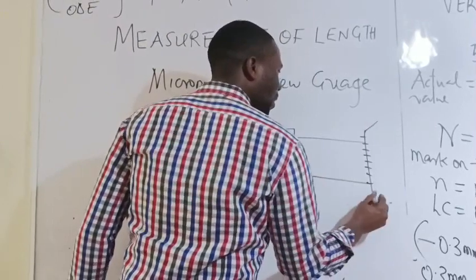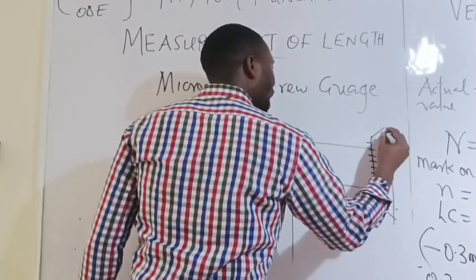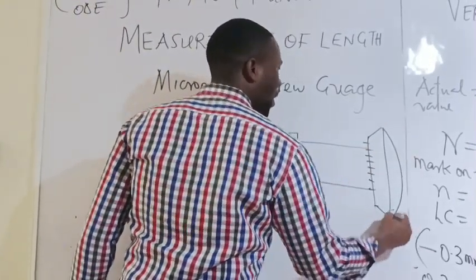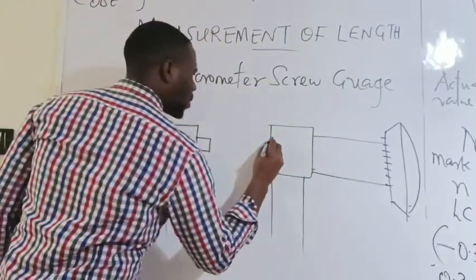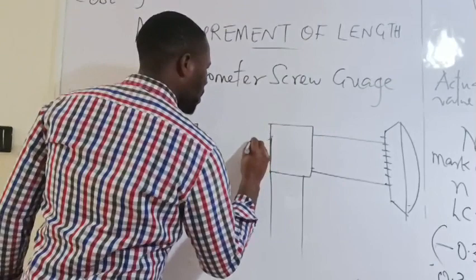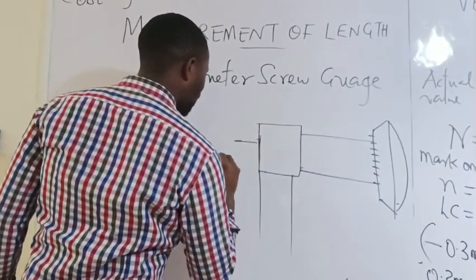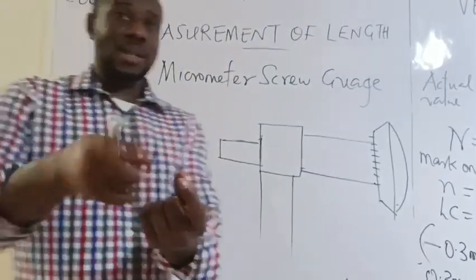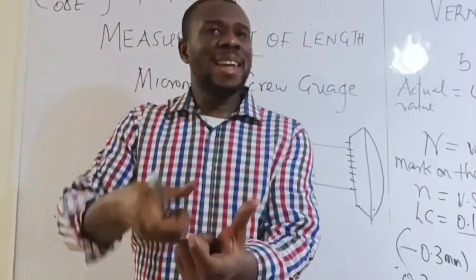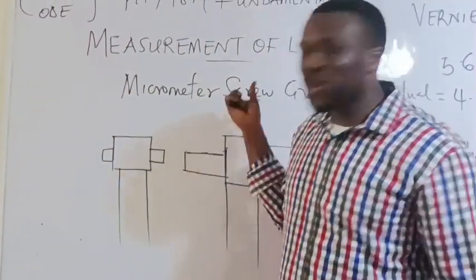Then I have a ratchet, just like a screw. All right, now there is a nut here, and this micrometer screw gauge works with the principle of the fact that I could fit an accurately, finely threaded screw into these nuts.